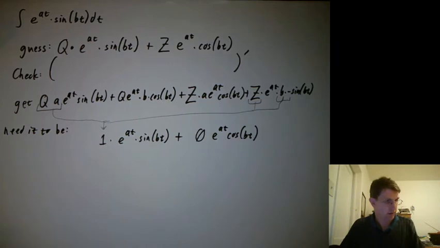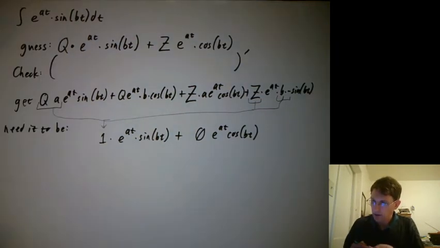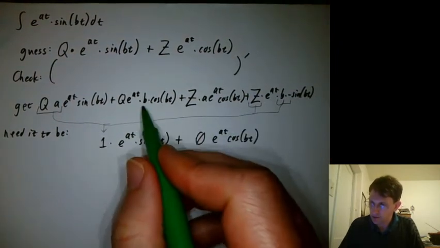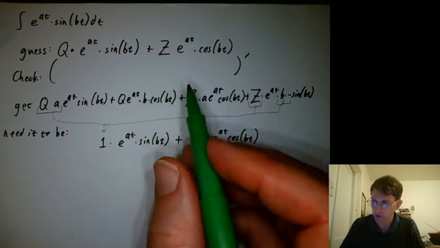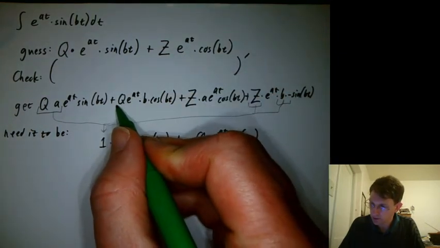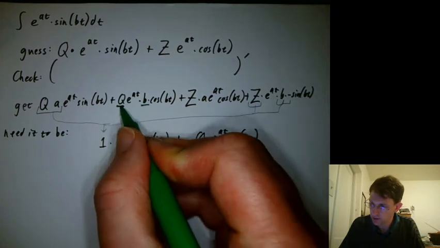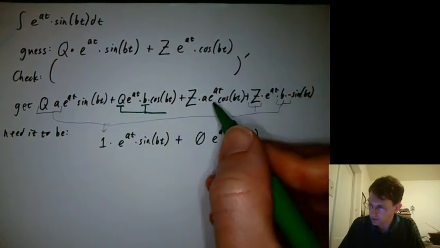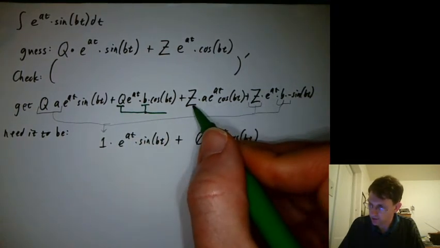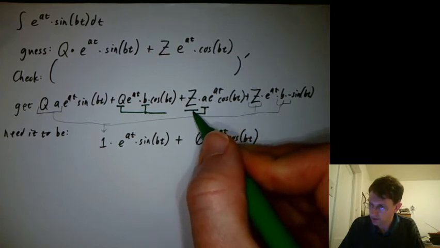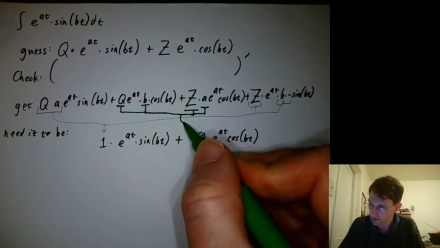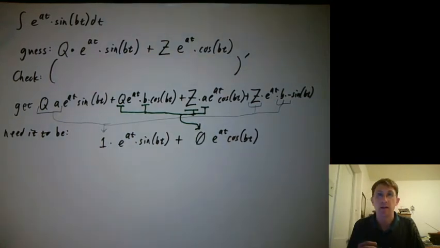And then let's take some other color, how about green? And I need all the coefficients on the cosine terms. They already have the e to the at. I don't need to worry about that. But I need this q and this b together with the stuff from this cosine term, this z and this a. I need all those to gather and cancel and give me a 0.